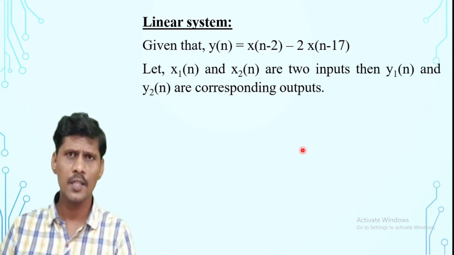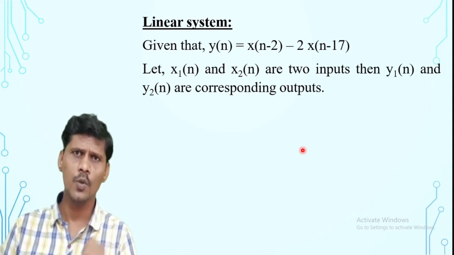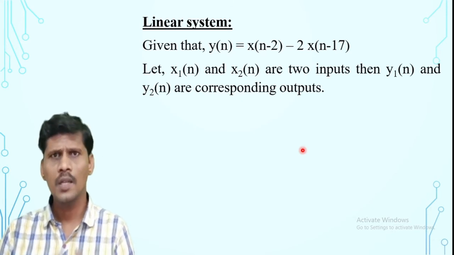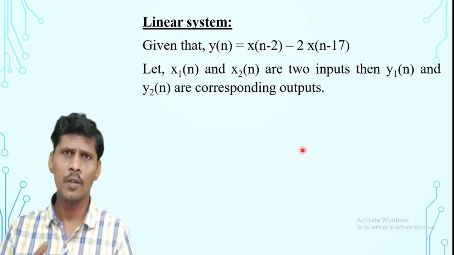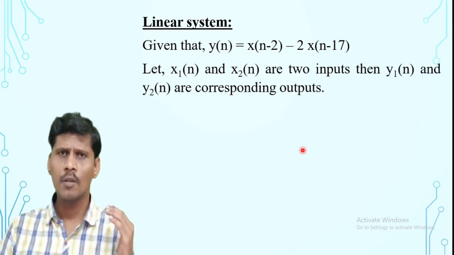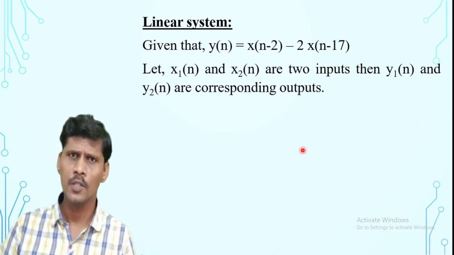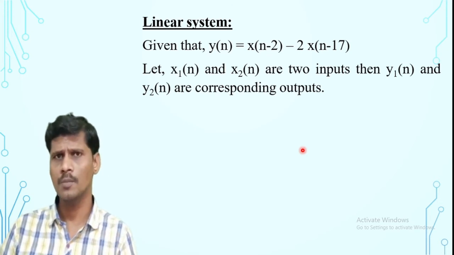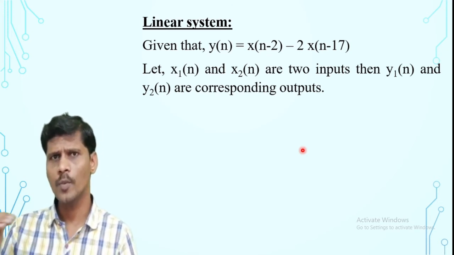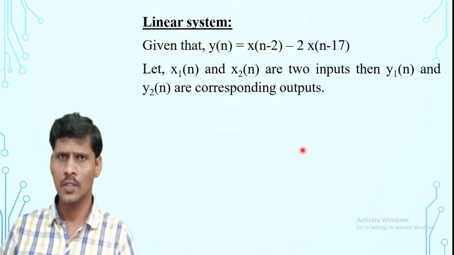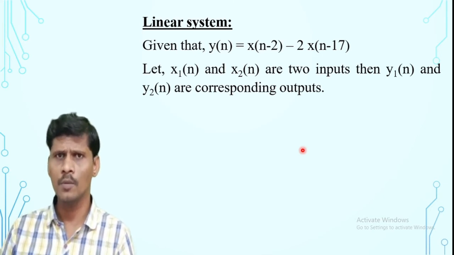And consider the second system, its input is x2 of n and its corresponding output is y2 of n. Similarly, consider a third system, and the third system input is a linear combination of x1 of n and x2 of n, that is x3 of n is equal to a x1 of n plus b x2 of n. Then its corresponding output is the linear combination of the output signals, that is a y1 of n plus b y2 of n.